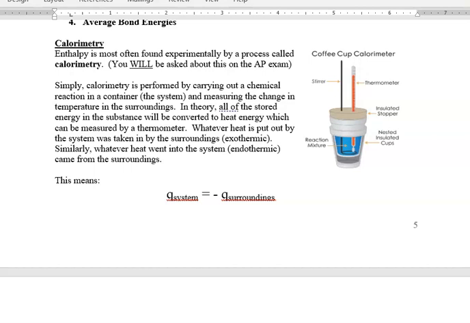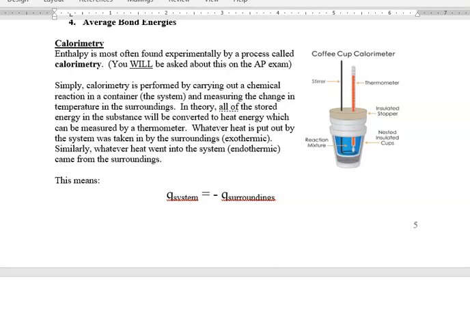Now, the chemical reaction doesn't have to be in a container. What we did in class is we threw sodium hydroxide into water. And so the system was really the chemical itself, and the chemical reaction itself. It doesn't have to be in a separate container. In theory, all of the stored energy in the substance will be converted to heat energy, which can be measured by the thermometer.